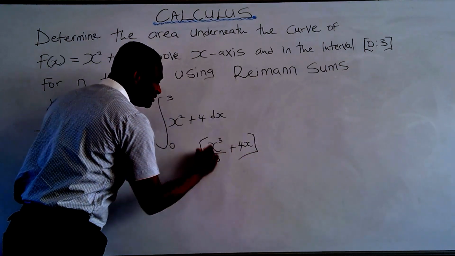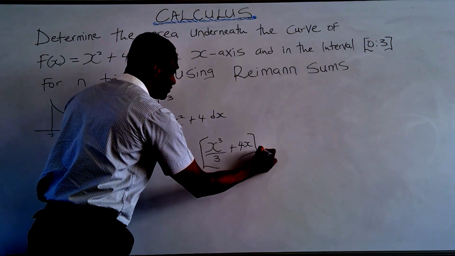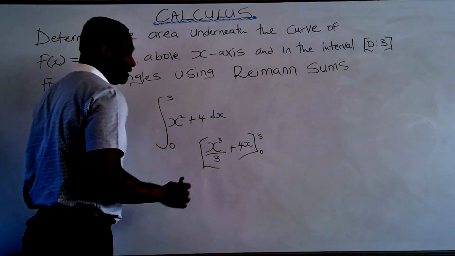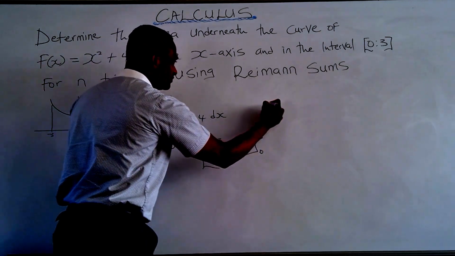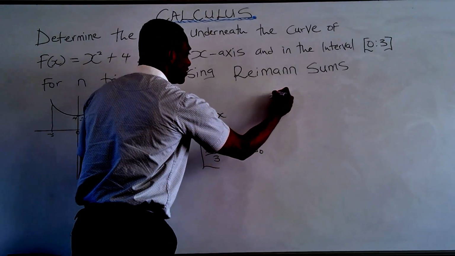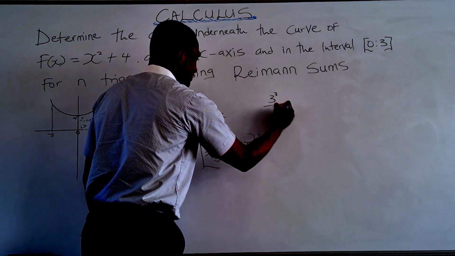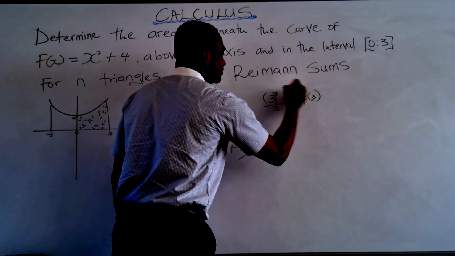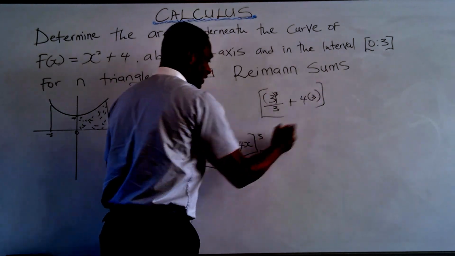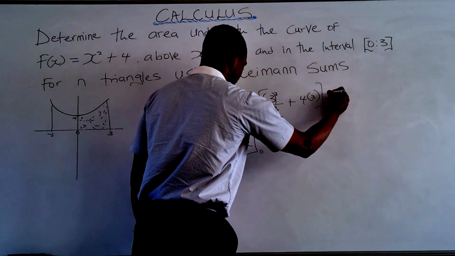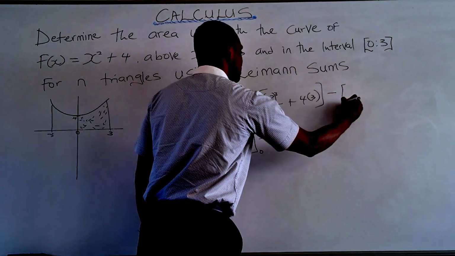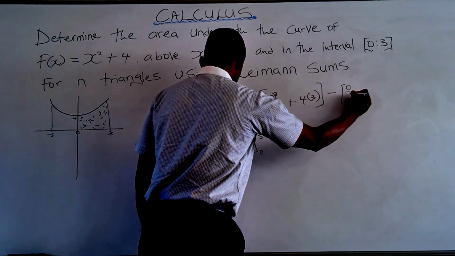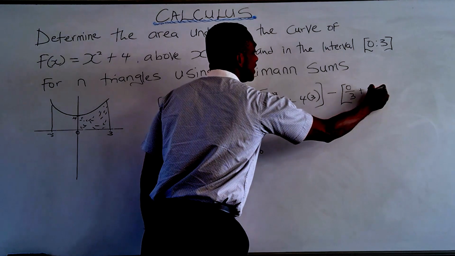And remember, this is for the interval of 0 to 3. So our answer will be 3 to the power of 3 all over 3 plus 4 times 3, that is the higher limit, minus 0 over 3 plus 4 times 0.